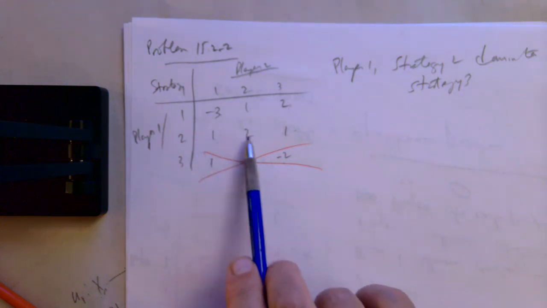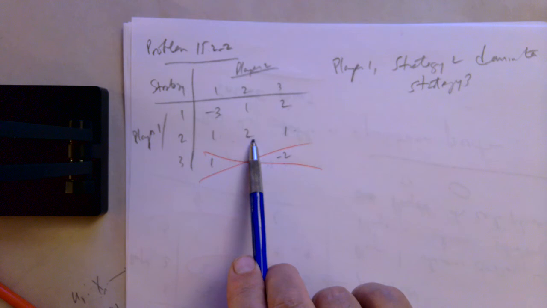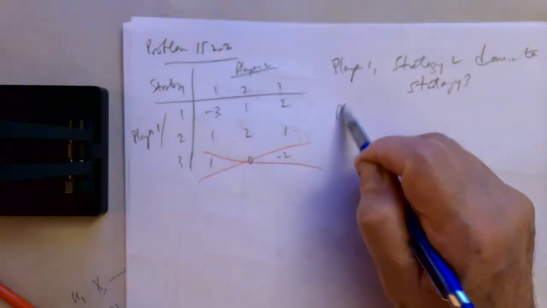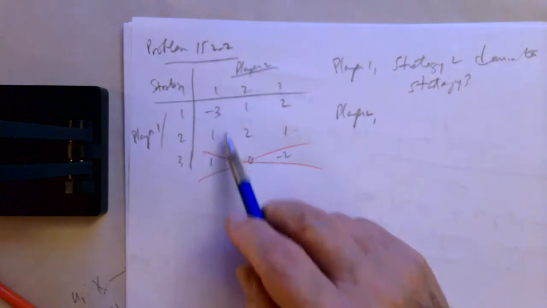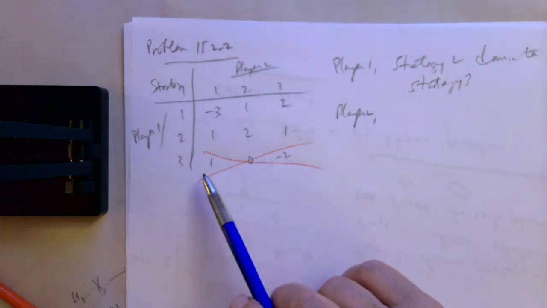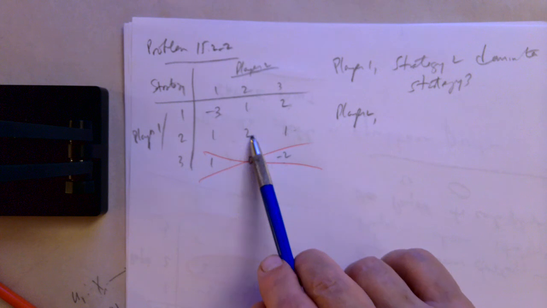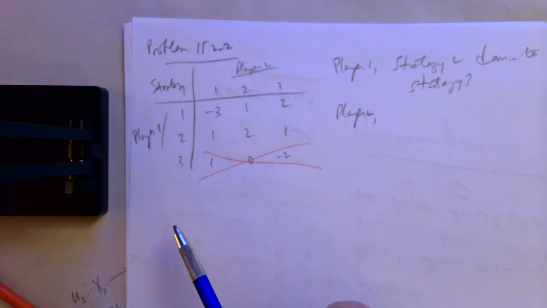Here he loses -1 compared to losing -2. See, this is telling you how much the person is going to lose. He'll lose more with strategy 2 than with strategy 1.